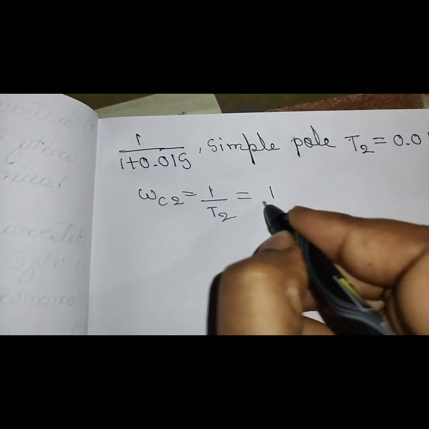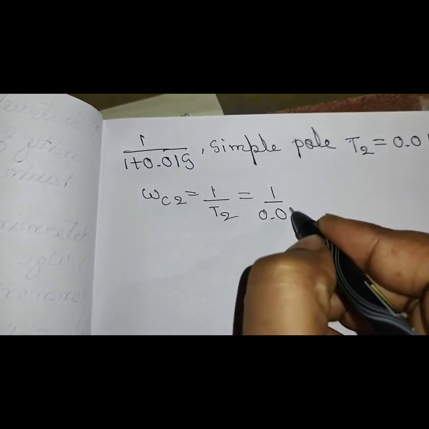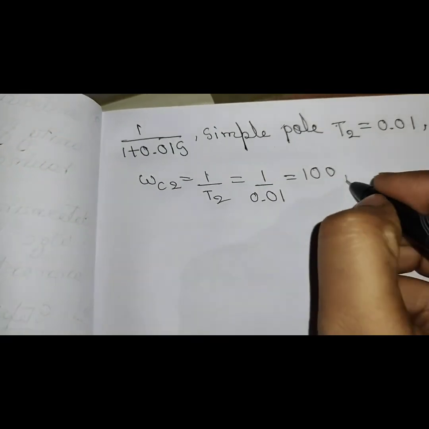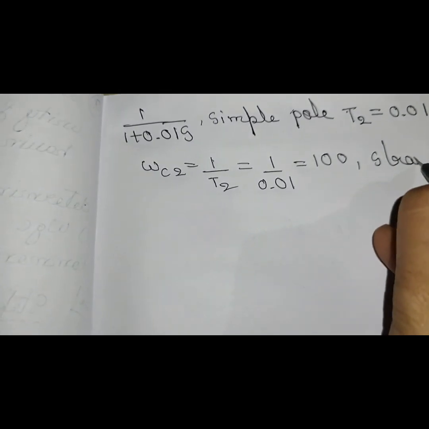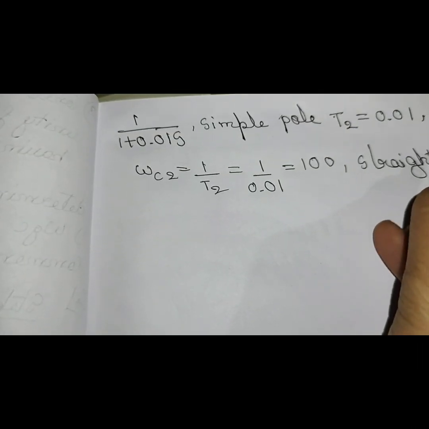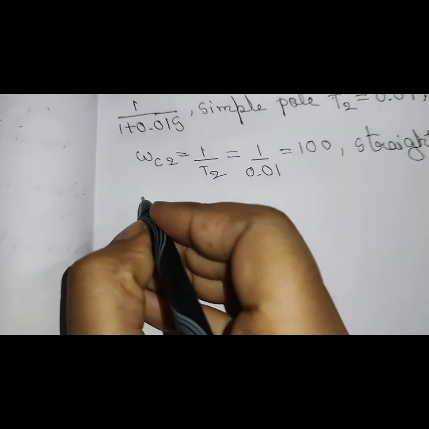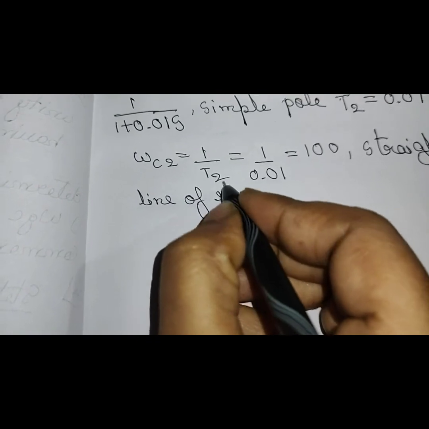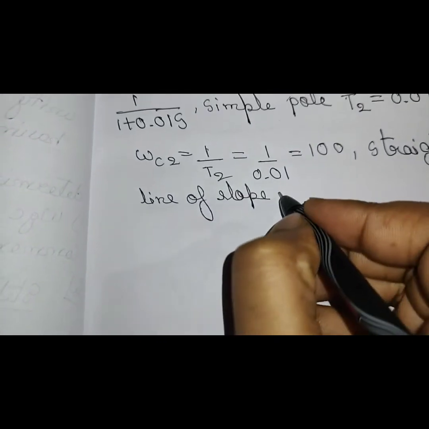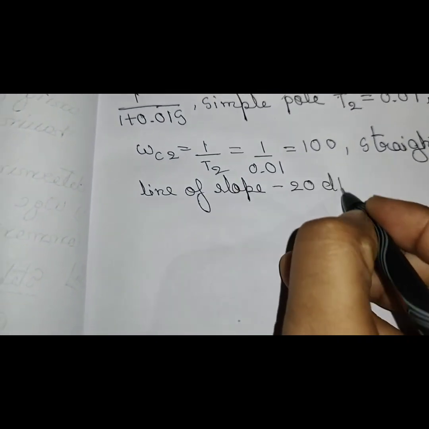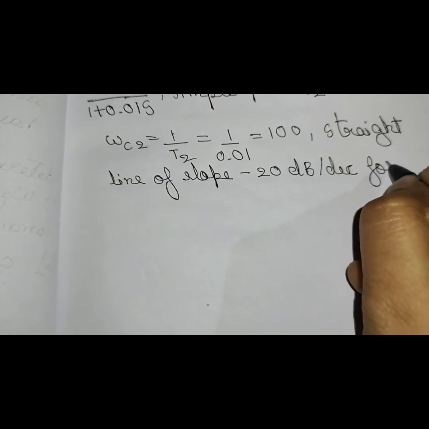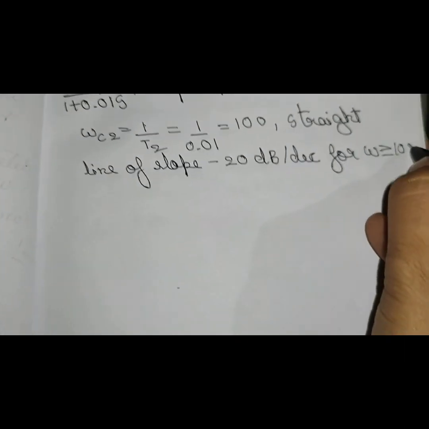So 1 divided by 0.01 will be 100. So for this, straight line of slope minus 20 decibels per decade for omega equal to or greater than 100.